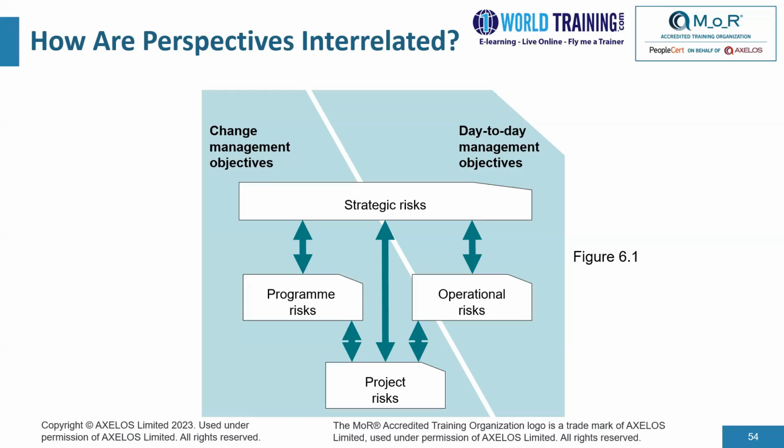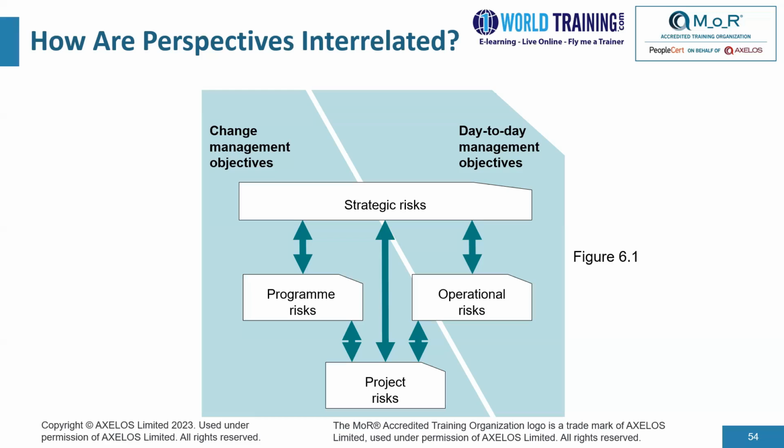So it's important to note that each of these perspectives is not something that we carry out in isolation, but they interrelate to one another. If you remember the definition of a program is defined as a group of related projects.